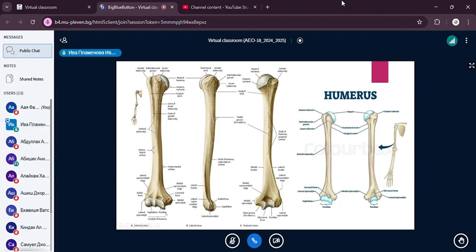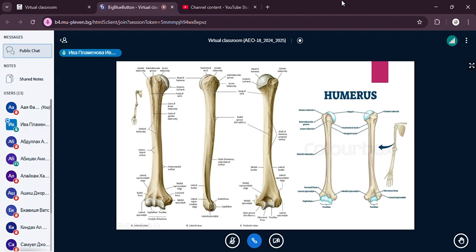That's the condyle of the humerus with two parts. The lateral part is called capitulum, and above it we can find radial fossa. The medial part is called trochlea, and above it is the coronoid fossa. On the posterior side, we have only one fossa here, which is called fossa olecrani.